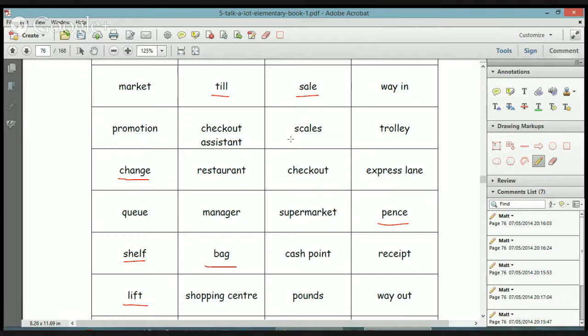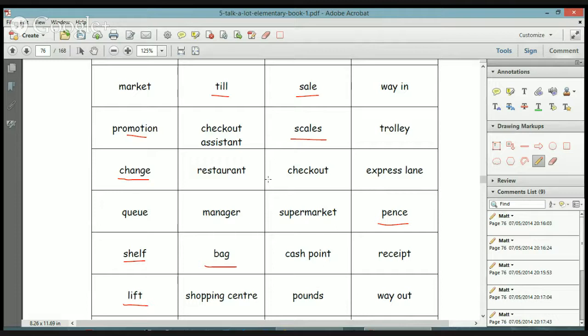Just below it we've got the same, scales. A is long, it sounds like its alphabet name because it's vowel, consonant, vowel. I can see another example here, promotion. O-T-I, vowel, consonant, vowel. O is long, O says its alphabet name.